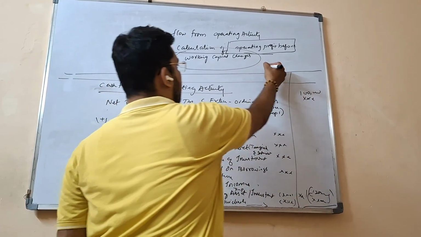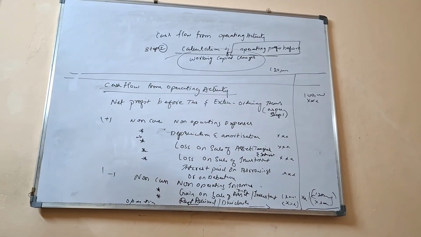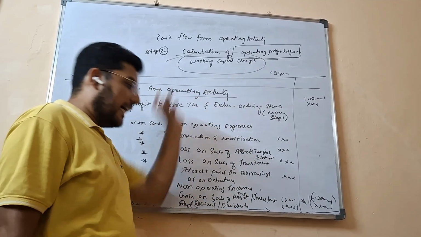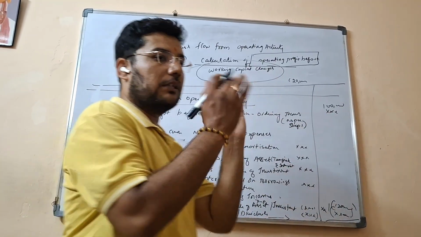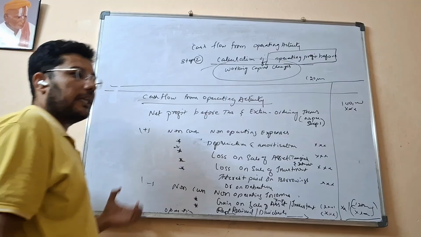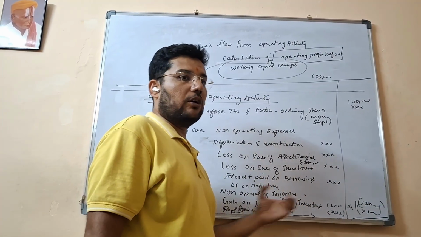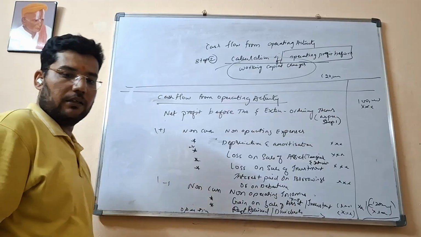So you are getting negative 20,000. Still you consider it as operating profit before working capital changes? We write the statement as operating profit before working capital changes, but we write it in brackets. That indicates it's a loss. But we don't write operating loss before working capital changes in the format.